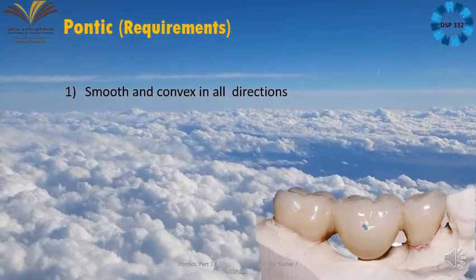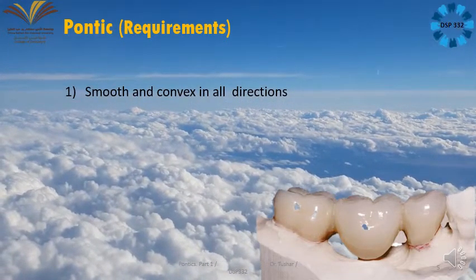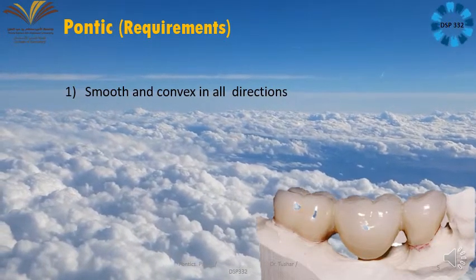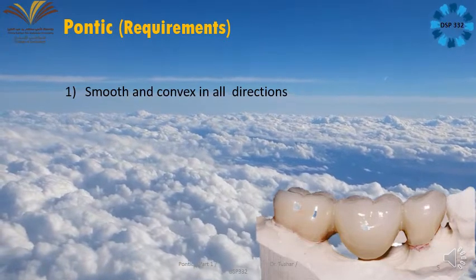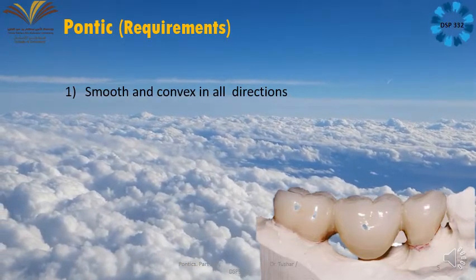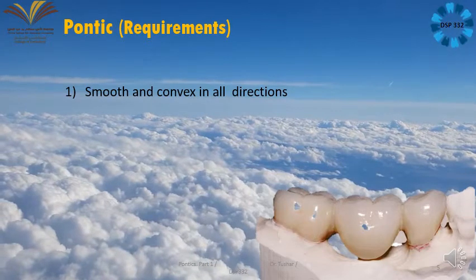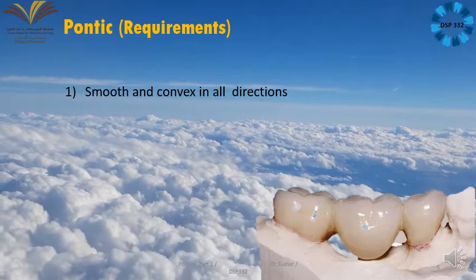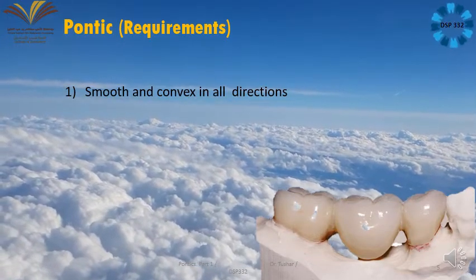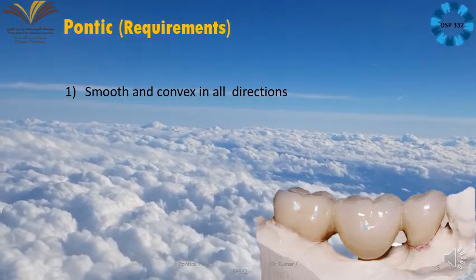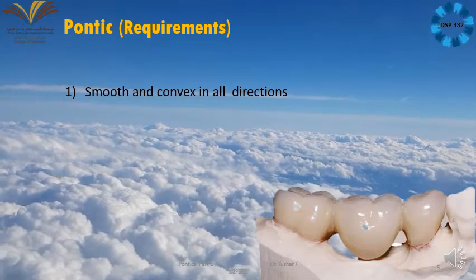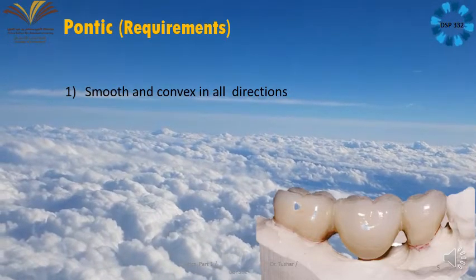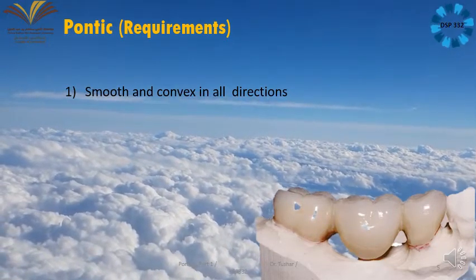That is why it should be convex and as smooth as possible, because if the surface is not smooth, if it is rough, the tiny particles will accumulate or get stuck on that rough surface, and if they are unable to clean, there will be progression to other conditions like halitosis, that is bad breath, which is going to lead to problems for your periodontium in future.